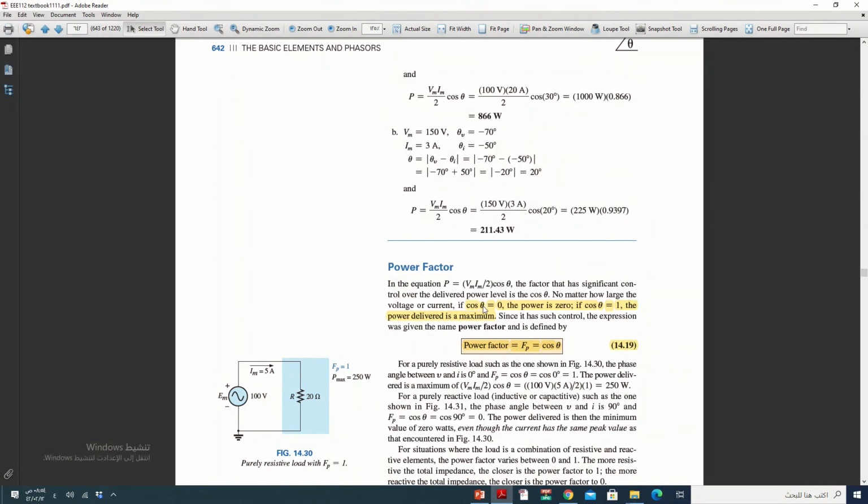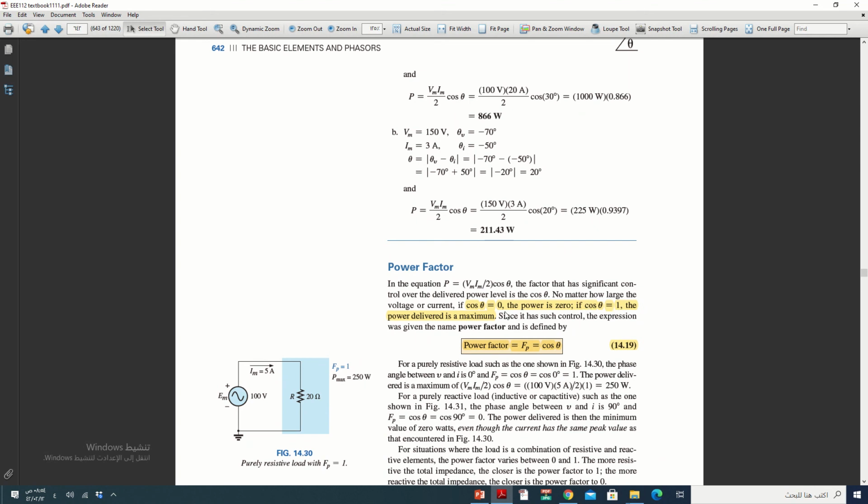Because cosine theta is substituted in this formula, if it is 0, the real power is 0, as in a pure capacitor or pure inductor. And when cosine equals 1, this is the pure resistor.